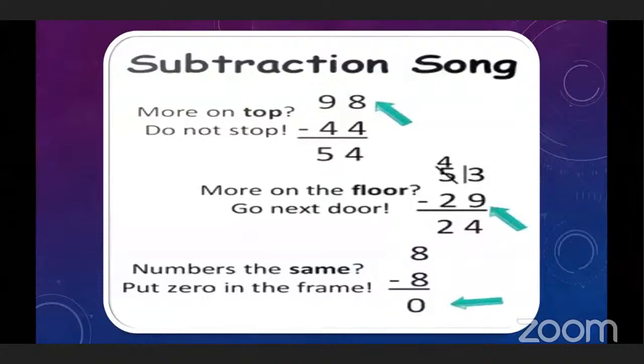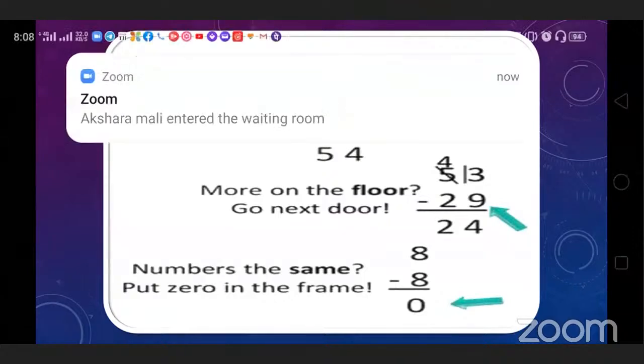But see the second two lines. More on the floor, go next door. Today's topic is about this. That is 53 minus 29.